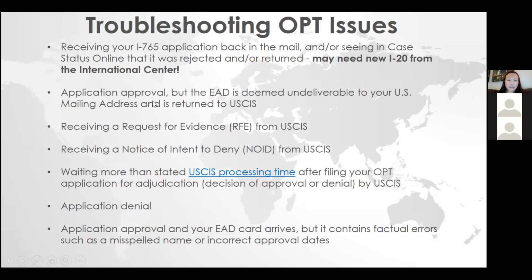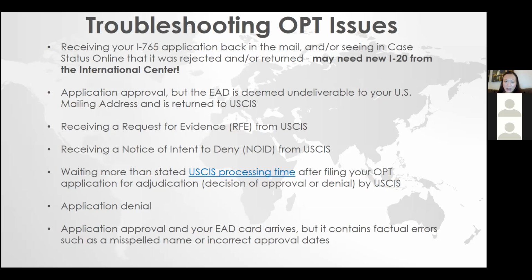A couple other things that could happen: possibly you could be waiting beyond the standard USCIS processing time for OPT. If your case falls outside of the standard processing time, there is an inquiry you can submit on the USCIS website to notify USCIS and request that they speed up that processing.